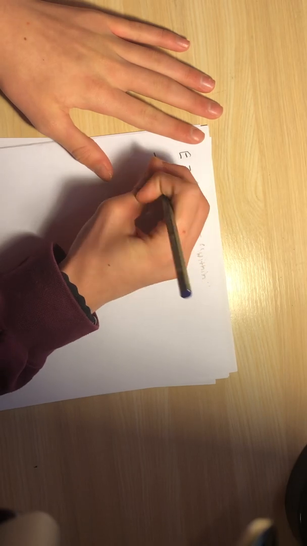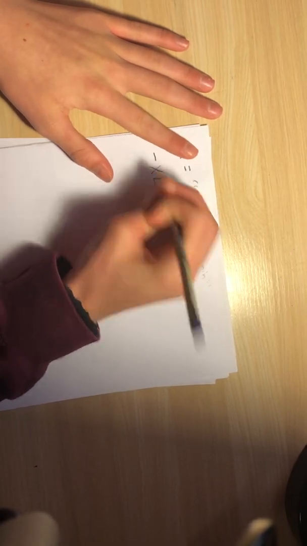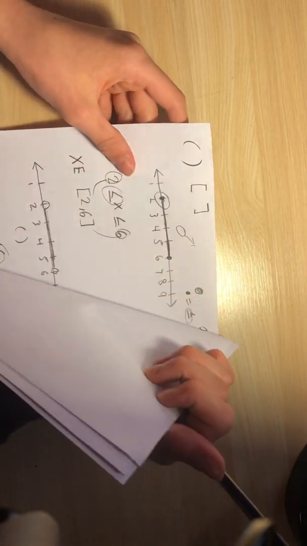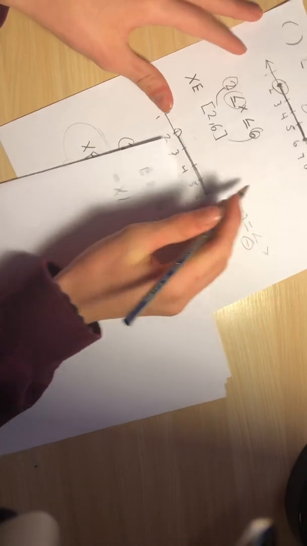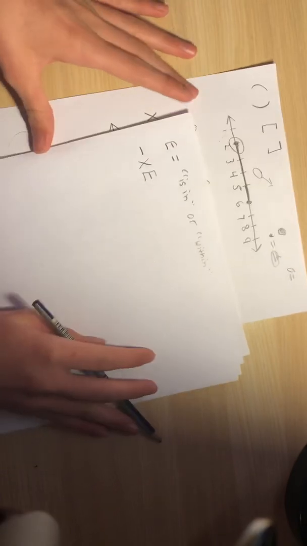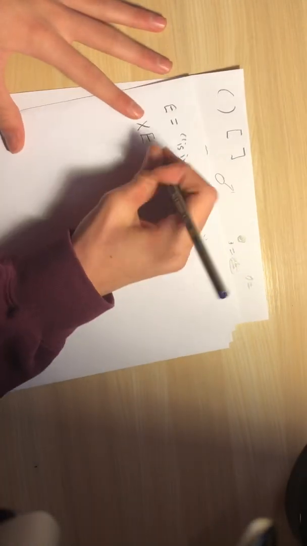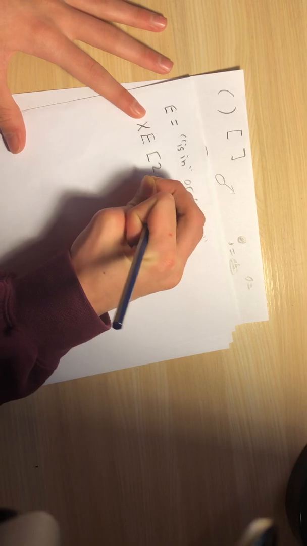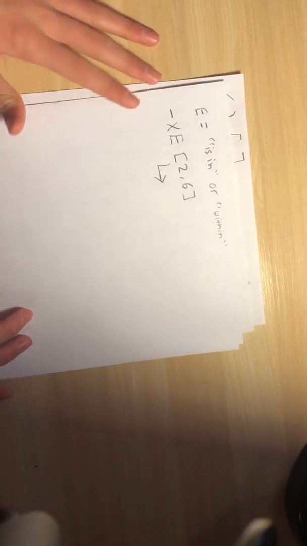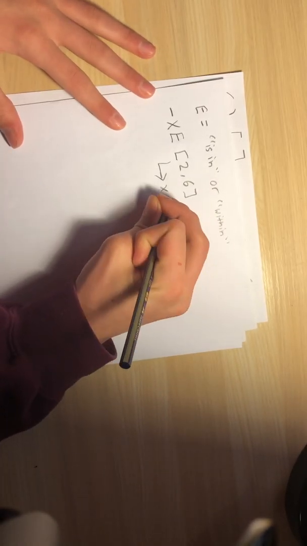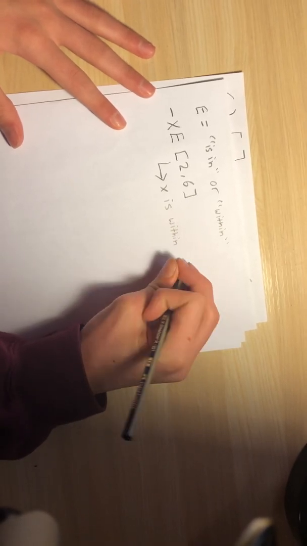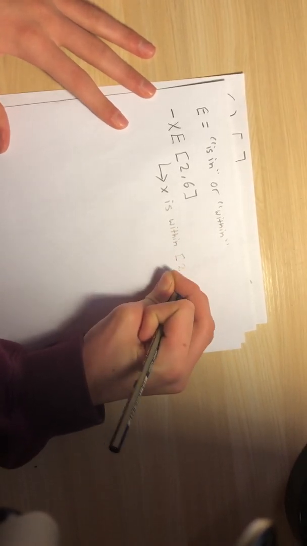So if you have x, ∈, and then the brackets like we had in the last one, the brackets on 2, 6, that was x ∈ [2, 6]. x ∈ [2, 6] means x is within 2 and 6.